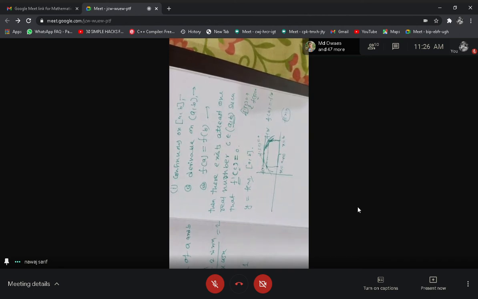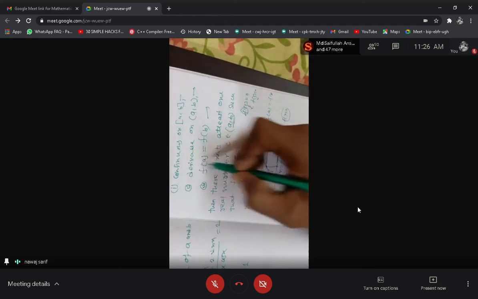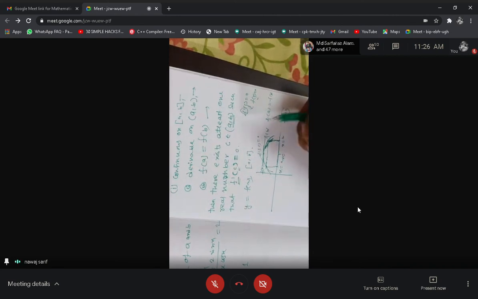So this statement tells us that if these three conditions are satisfied, then the slope of the function is parallel to the x-axis.